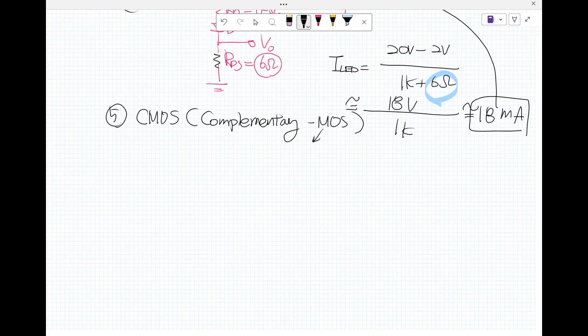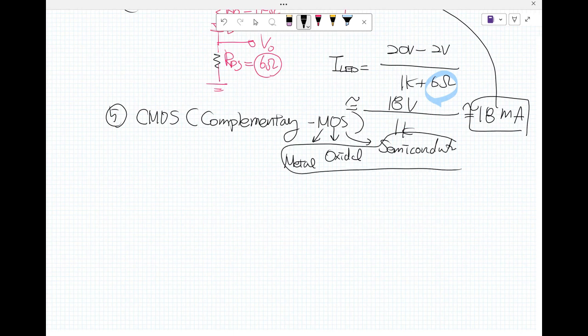So that was metal oxide semiconductor. Metal oxide semiconductor. Okay. That was the same thing.